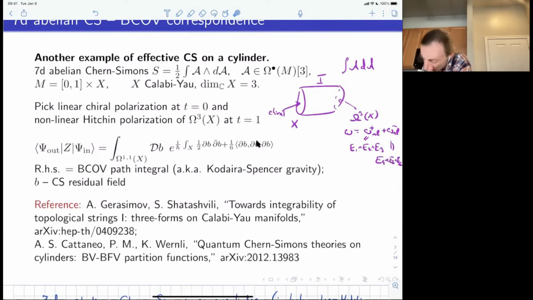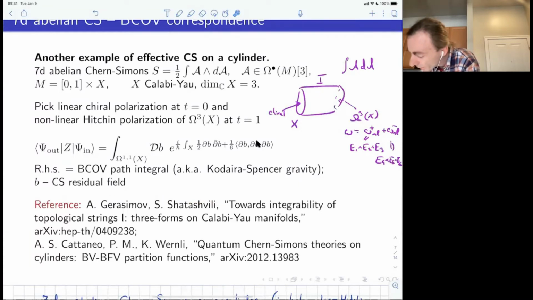So it's actually an interesting example, which was looked at by Gerasimov and Shatashvili, in a paper that inspired us. And you can calculate the effective action. So they essentially consider the classical counterpart of what we did.